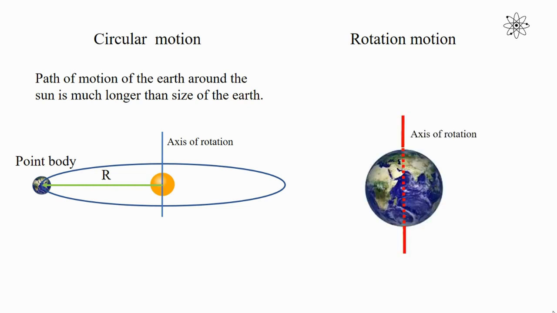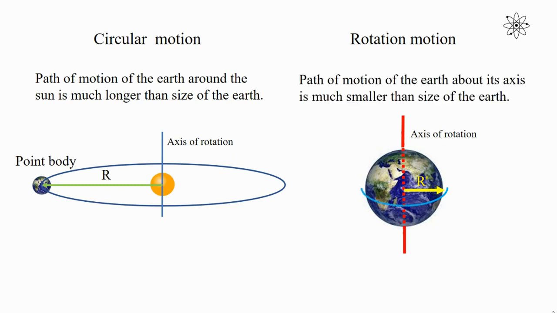When I consider the rotational motion of the earth and compare its size with its path of motion, I will observe that the path of motion of the earth about its axis is much smaller than the size of the earth. Therefore, the earth in this case acts as an extended body.